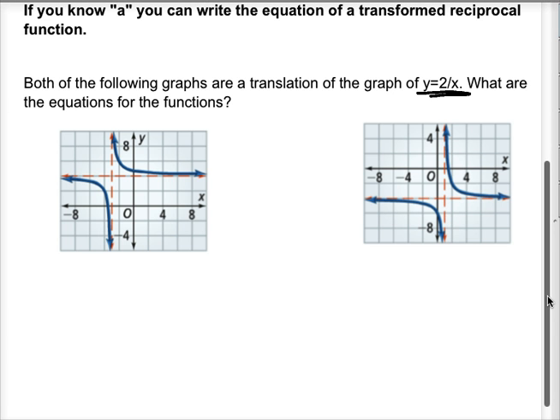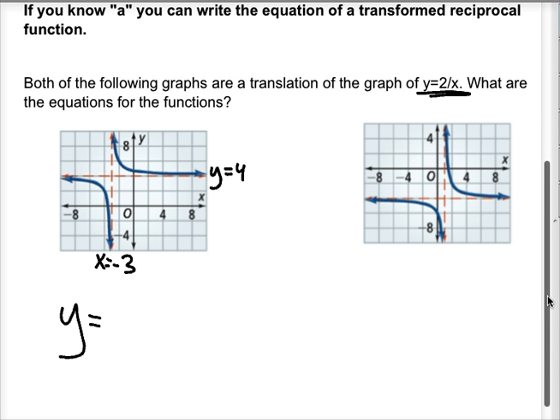So this here is at x equals -3, and this is up at y equals 4. So if I know where my asymptotes are, I can go back and write the function from it.